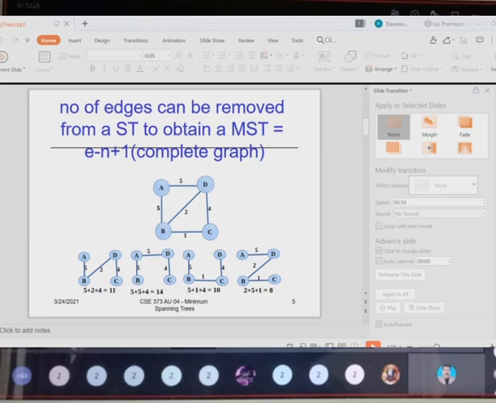We add all of these and the final sum here is 10. So this is the minimum spanning tree of this graph using Prim's algorithm. The answer will be the same using Prim's algorithm or Kruskal's algorithm, but the procedure differs.